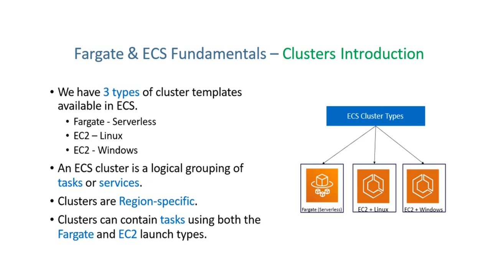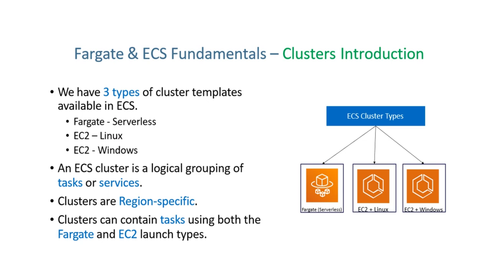Then for Fargate and ECS fundamentals, we have a cluster. A cluster can be Fargate, where we have serverless, or you can use EC2 plus Linux environment and EC2 plus Windows environment. If you are using EC2 plus Linux, you have to maintain the cluster yourself, right? EC2 plus Windows is similar.